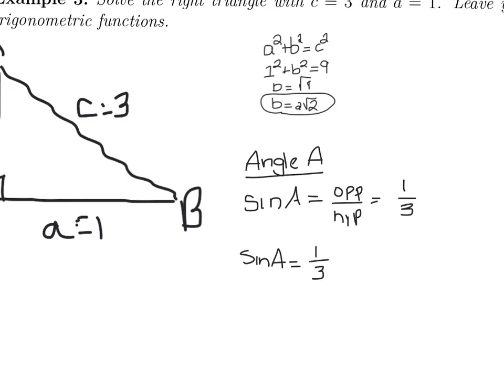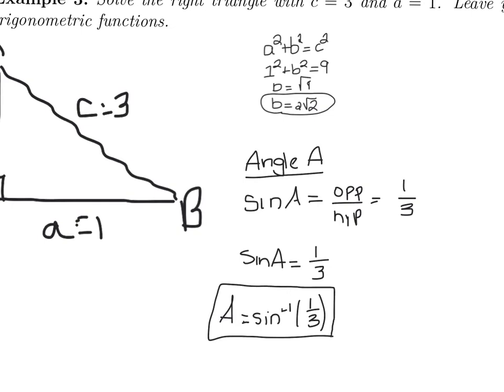Well, we don't want the sine of A, we want angle A, and this is where the directions say leave your answers in terms of trigonometric functions. If the sine of A is 1/3, then A, this is back to chapter 7, is the inverse sine of 1/3. So it's an inverse trig function.